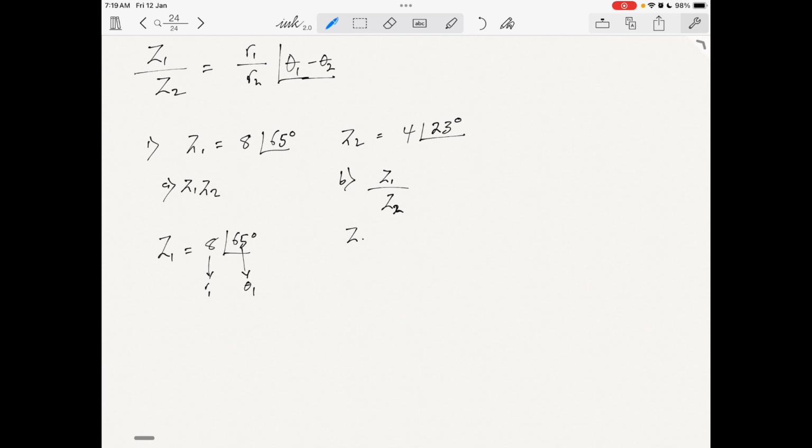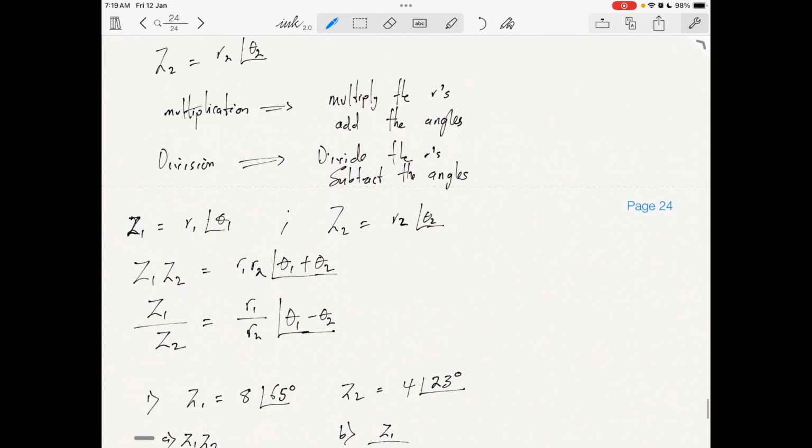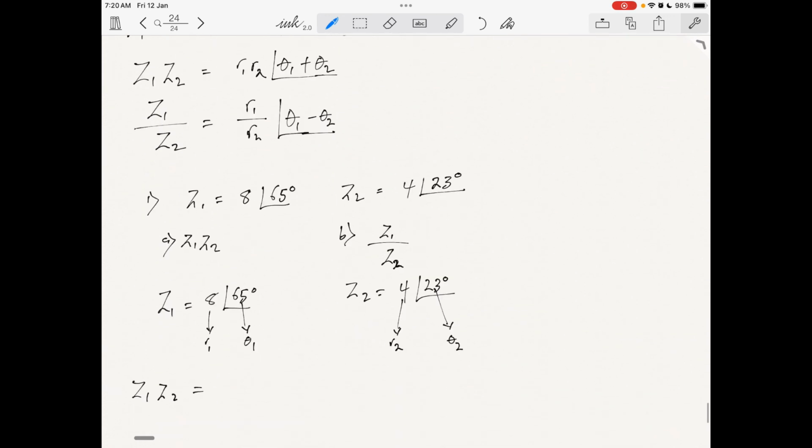For z2, which is 4 argument 23 degrees, 4 is r2 and 23 degrees is theta 2. In multiplication, we multiply the r's and add the angles. In division, we divide the modulus, that's the r, and subtract the angles.